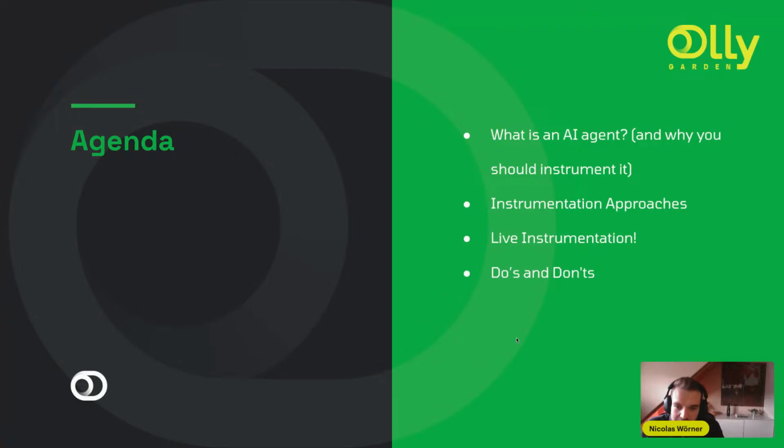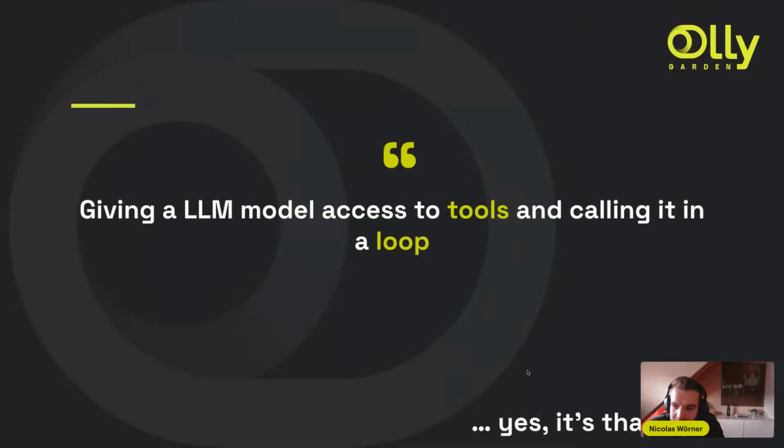With that being said, let's have a look at what an AI agent is. Now, essentially, when we think about an AI agent, we can think about an infinite loop, which is just running and running and running. And in there, we have an LLM model, which has access to tools. And then we give a certain prompt, for example, how's the weather today? Like in probably every AI agent demo or quick start you find out there.